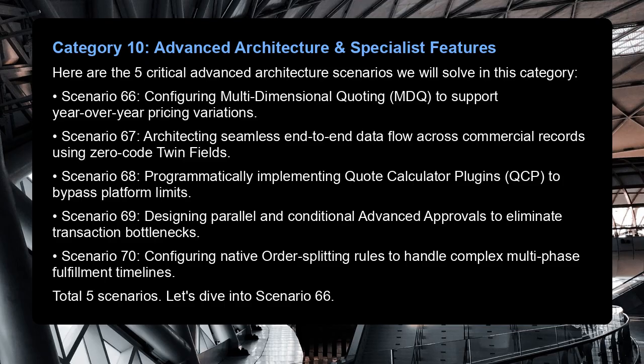Programmatically implementing quote calculator plugins QCP to bypass platform limits. Scenario 69. Designing parallel and conditional advanced approvals to eliminate transaction bottlenecks. Scenario 70. Configuring native order splitting rules to handle complex multi-phase fulfillment timelines. Total 5 scenarios. Let's dive into Scenario 66.